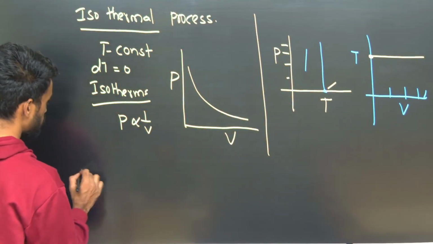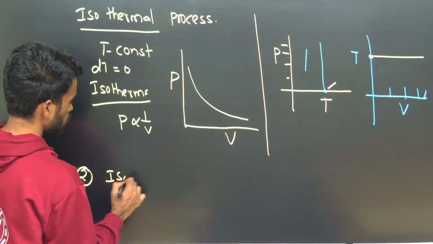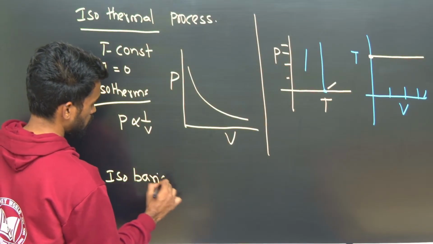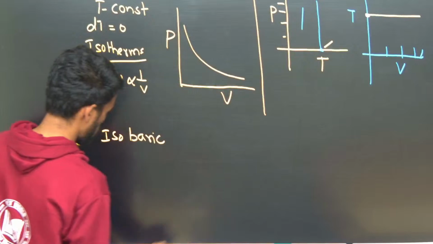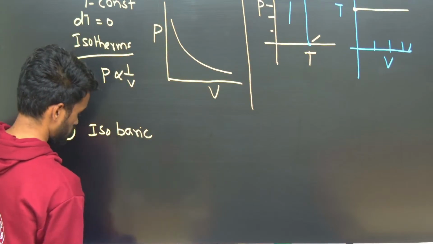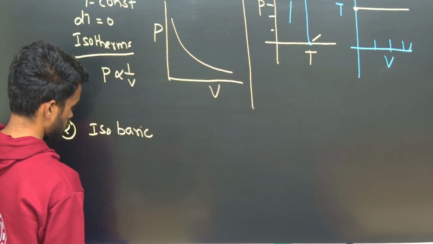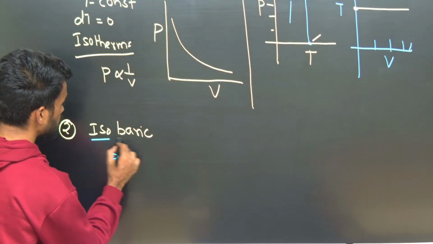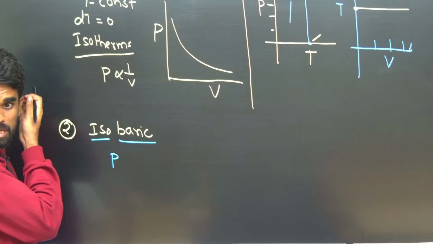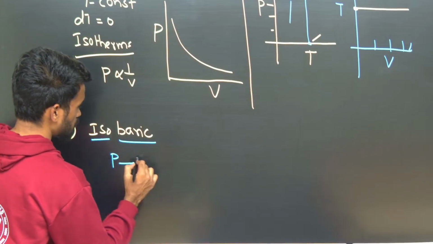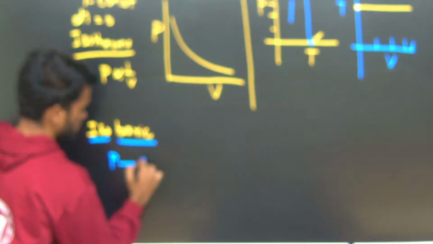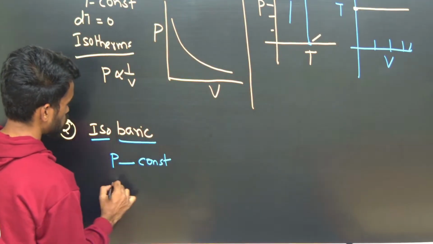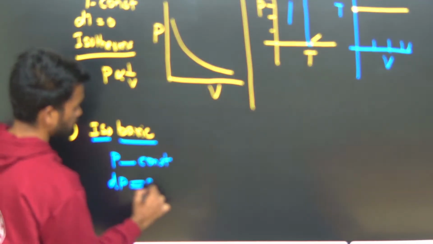Next one is isobaric or isochoric. So isobaric here, what is constant? Bar is a unit of pressure. So iso means same pressure. So pressure constant, so dP, the change in pressure, will be 0.